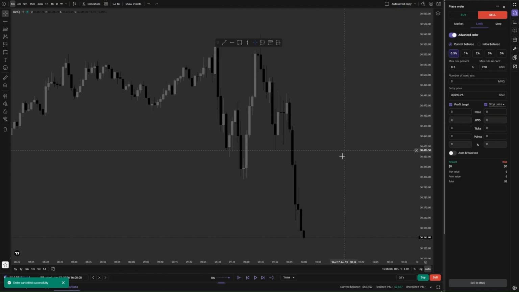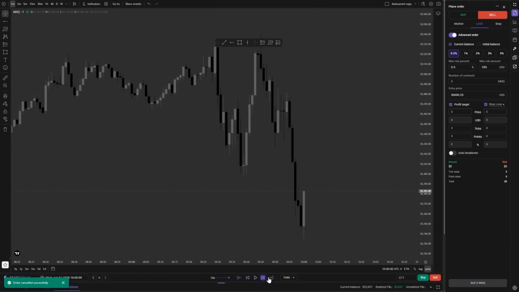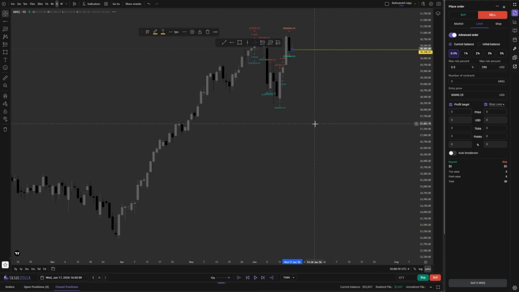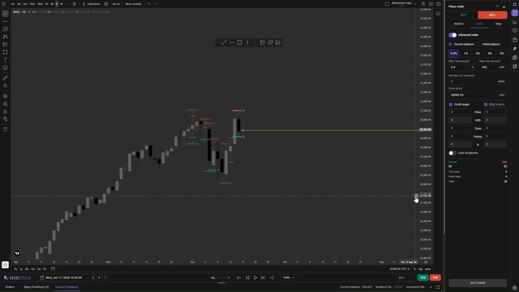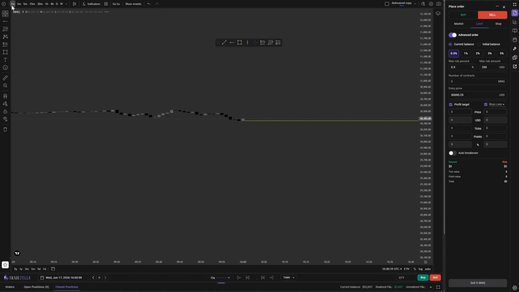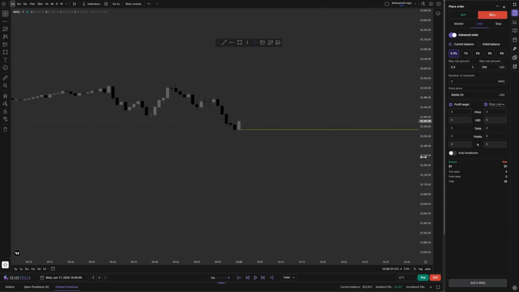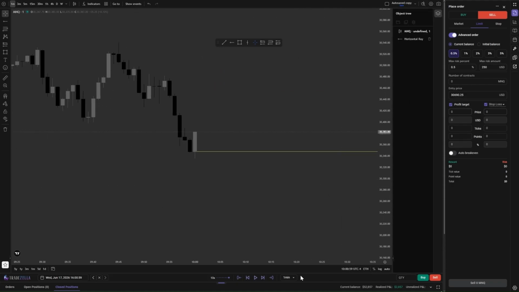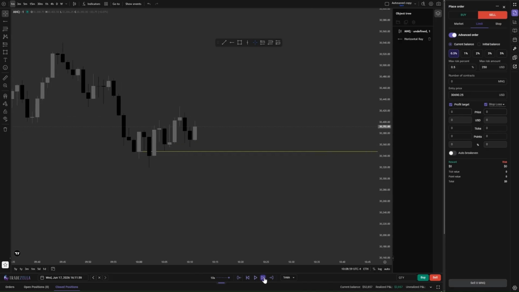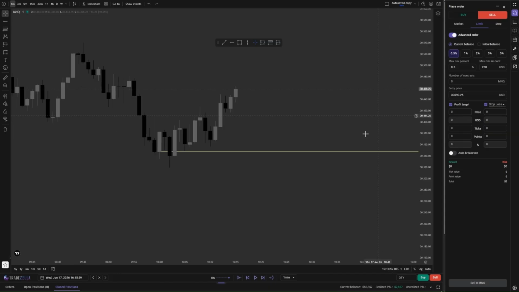Let's see. Okay, went above. Made a wick. Daily, okay, I'm bearish. I'm bearish. So we'll see. I do not trust this manipulation really.